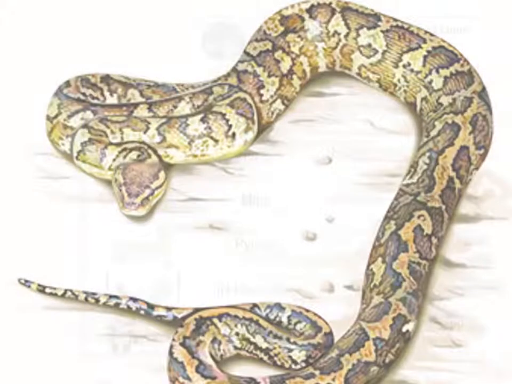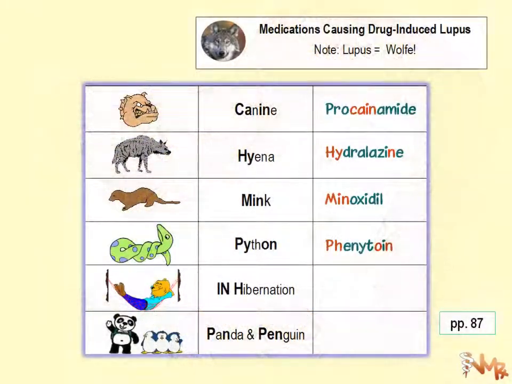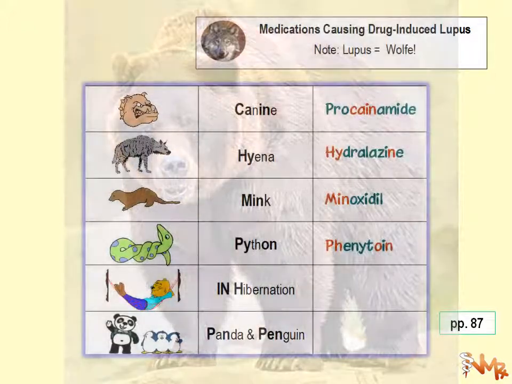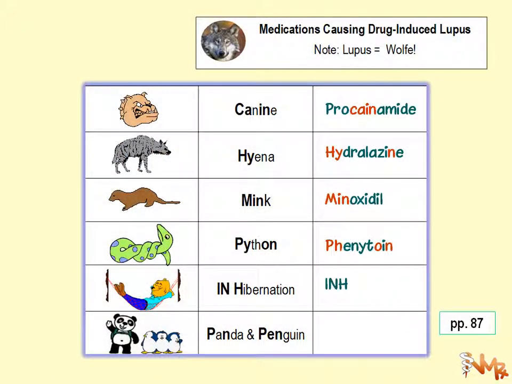Python is for phenytoin, which is an anticonvulsant. In hibernation, INH is isoniazid, and panda and penguin will remind you of penicillamine.